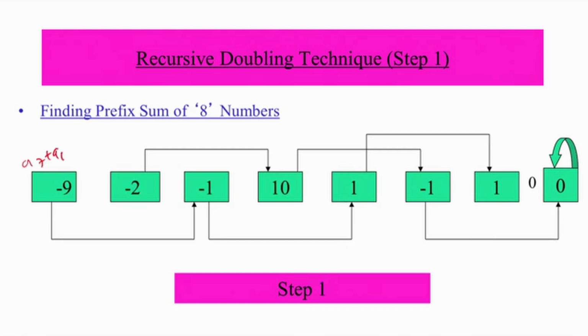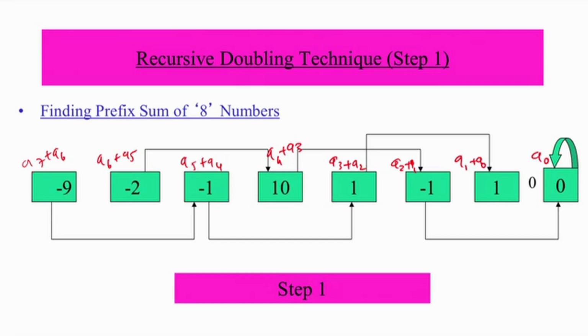This will be A7 plus A6, A6 plus A5, A5 plus A4, A4 plus A3, A3 plus A2, A2 plus A1, A1 plus A0. At the end of my first step, every element has added a number 1 away from it, and it is now pointing to a distance of 1 away from it.